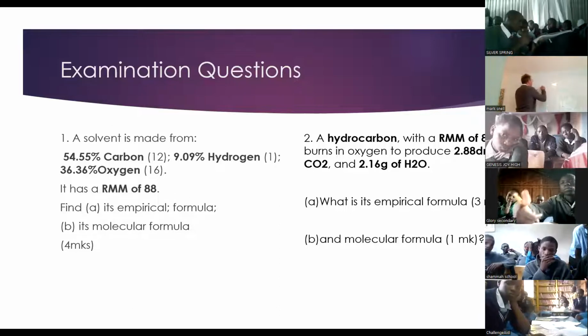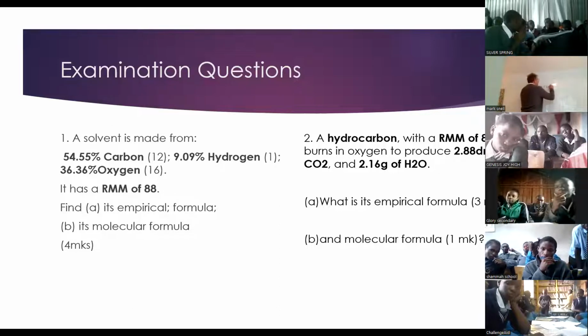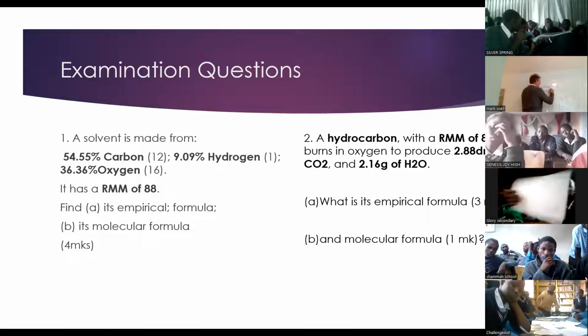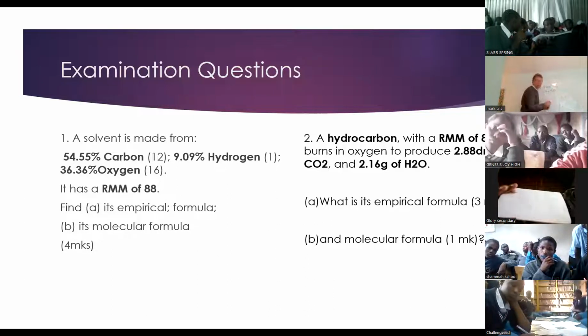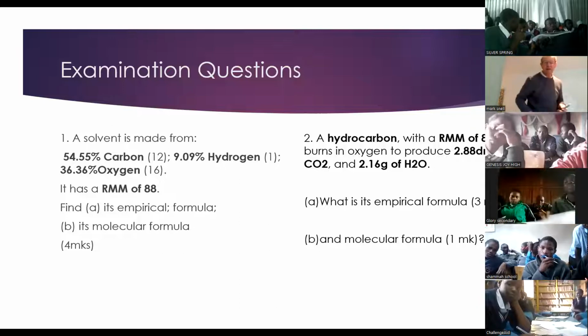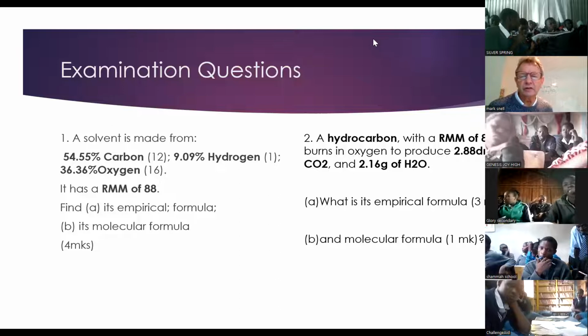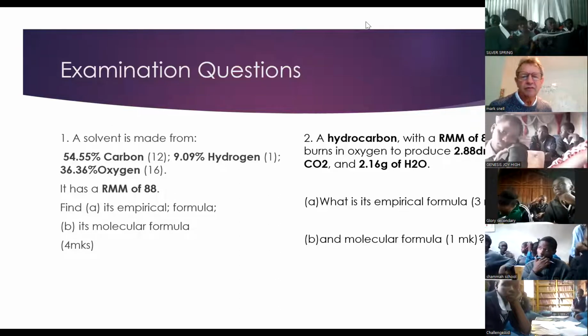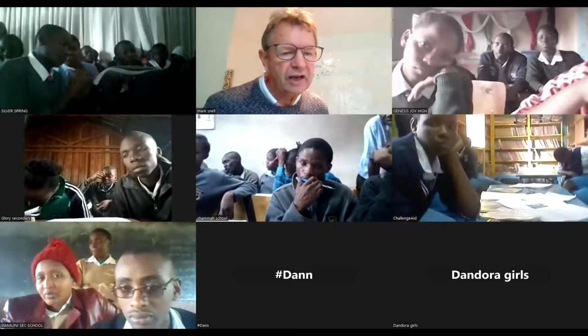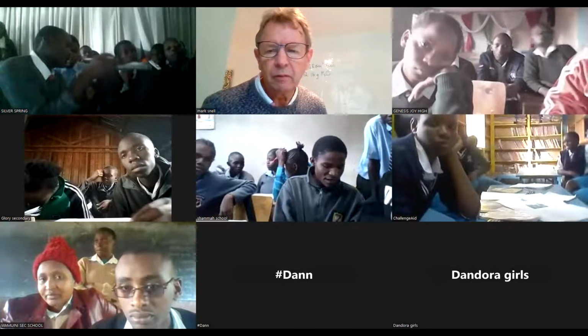2.88. 2.16 grams of water, is that right? Yes, okay. So I'm just going to change my camera. I'm going to stop sharing. I'm going to show you this one, RMM of 84. I'm just going to have to adjust a camera.